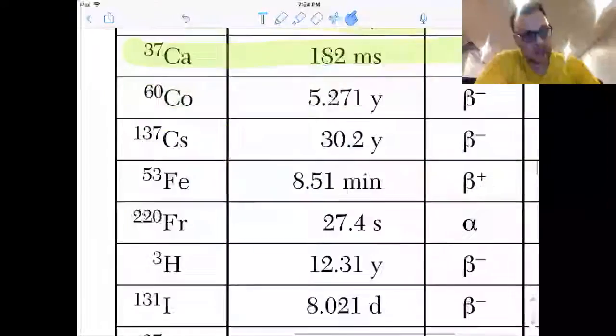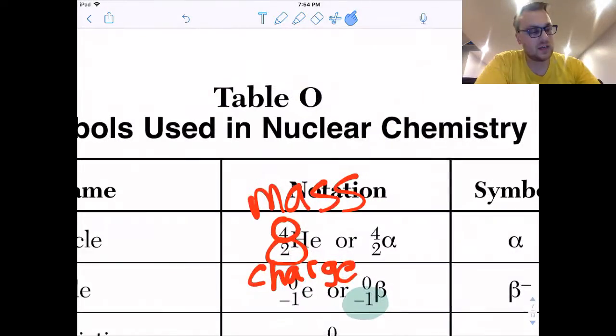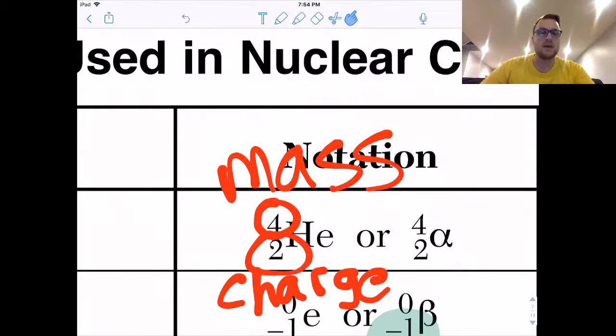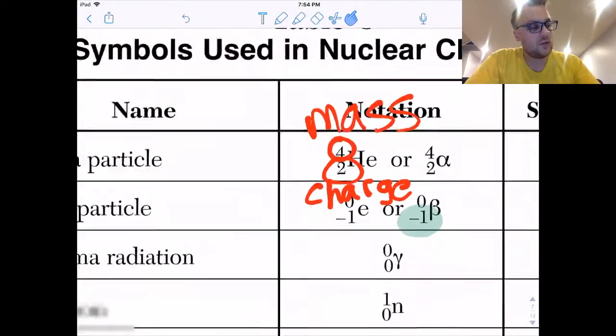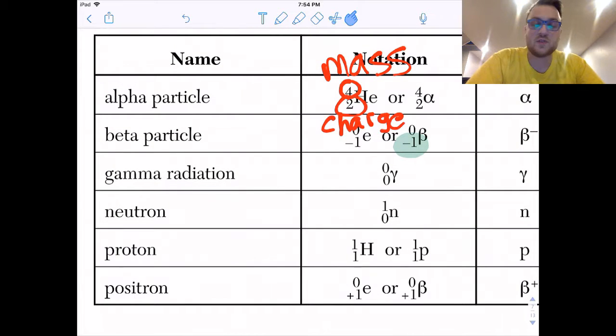And you don't need to memorize these decay modes. They're all listed on table O, where the top number is the mass and the bottom number is the charge. So we have an alpha particle, we have a beta particle, we have gamma rays, which is no mass, no charge. We have a neutron, proton, and a positron.